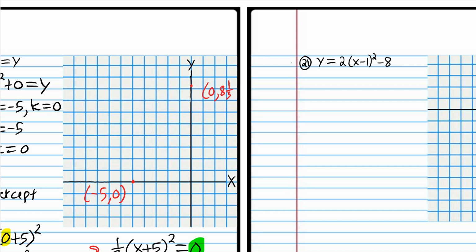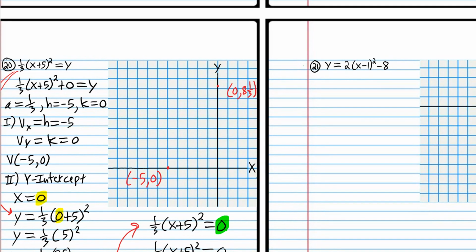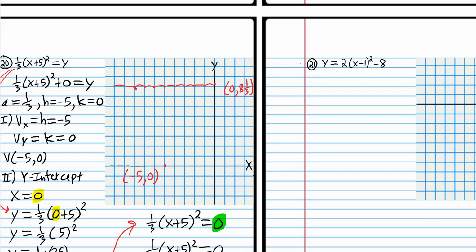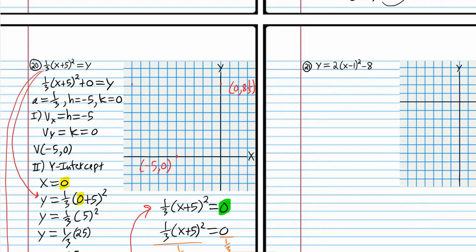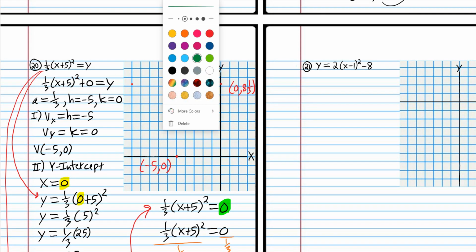(0, 8 1/3). And we're going to have to use symmetry, so we go out 1, 2, 3, 4, 5, and 1, 2, 3, 4, 5, because we need another reference point there, so then we can connect the dots. Whoops, wrong color.